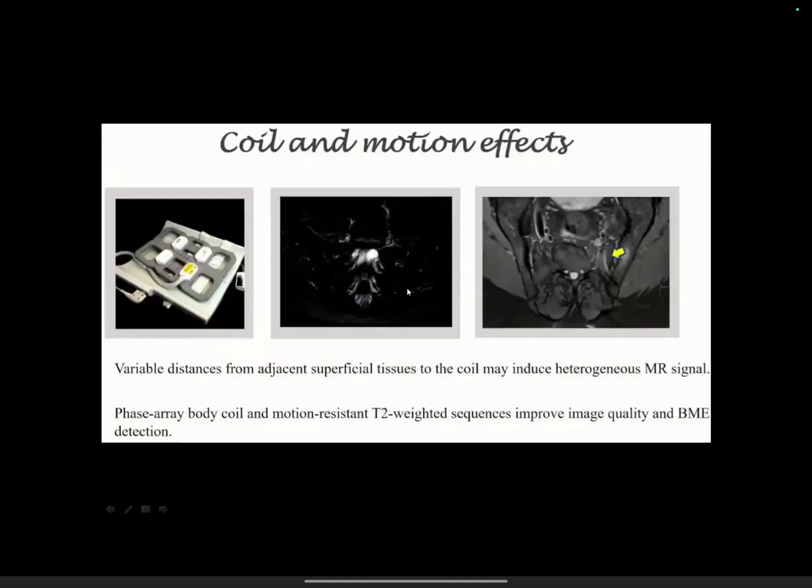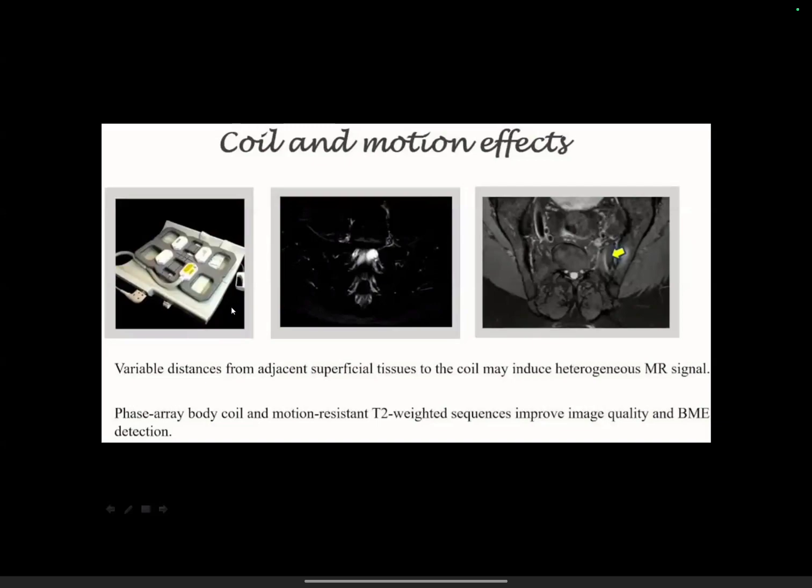Few common artifacts that we encounter while reporting these cases. Coil or motion effects occur here because it is an obliquely placed joint. From the body surface, part of the joint would be at a lesser depth, and part of the joint will be at a greater depth.